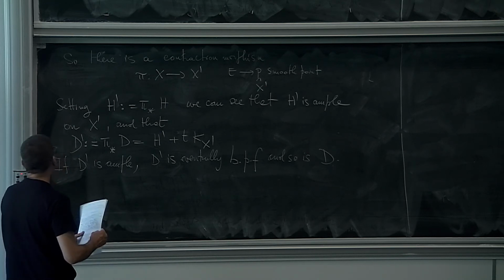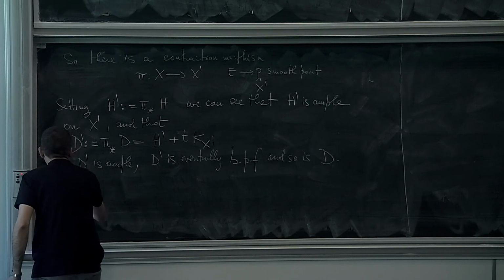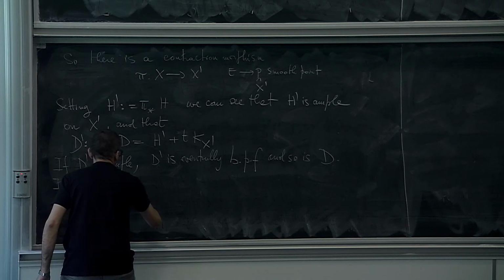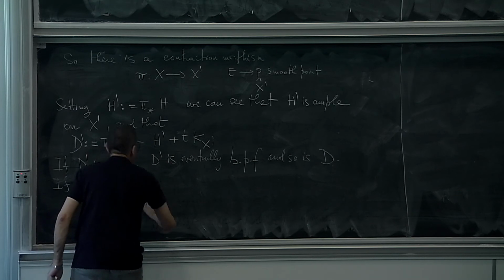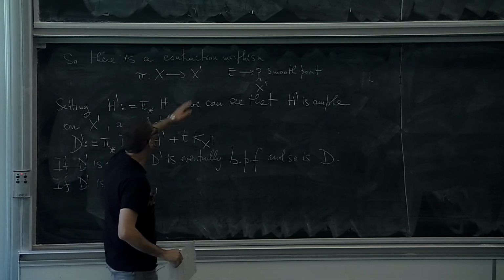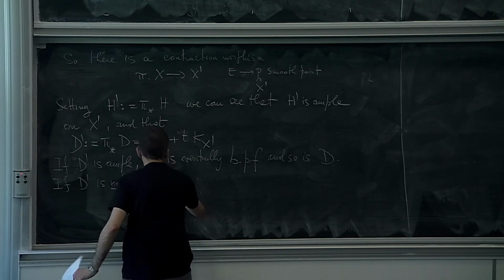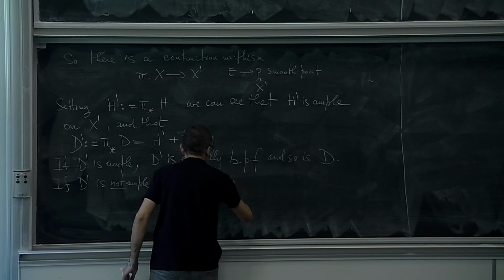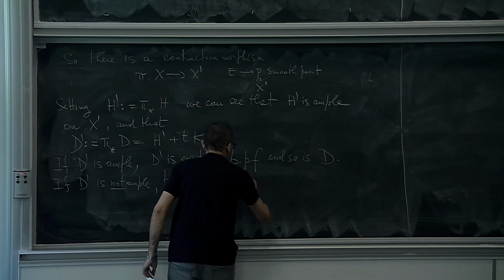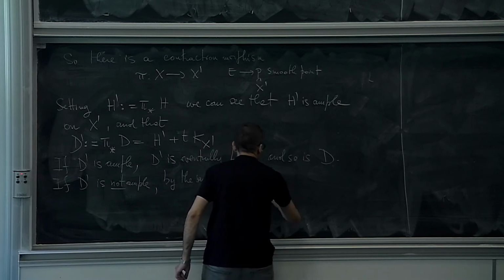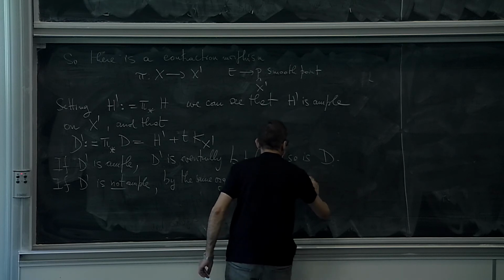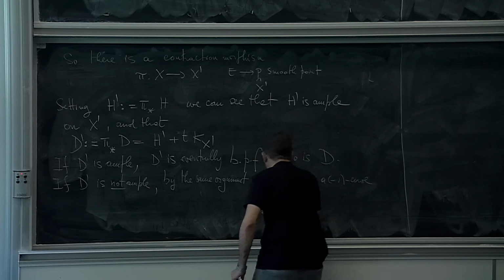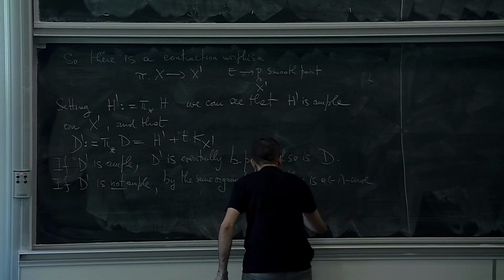Okay, so if D prime is not ample, by the same argument as before, there is a -1 curve E prime in X prime.